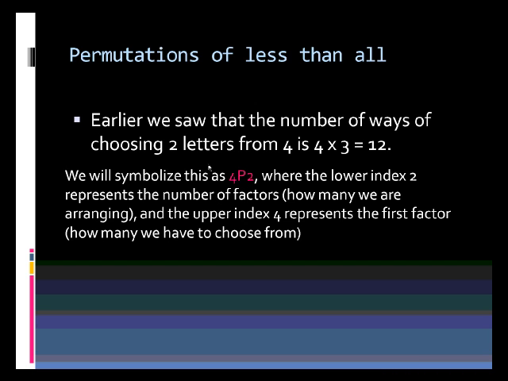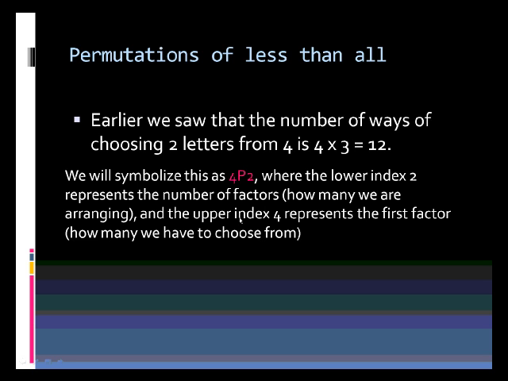So the first number, that 4, represents the total number of things we have to choose from. The 4 letters we're choosing from. The smaller number, 2, represents how many of them we are choosing.